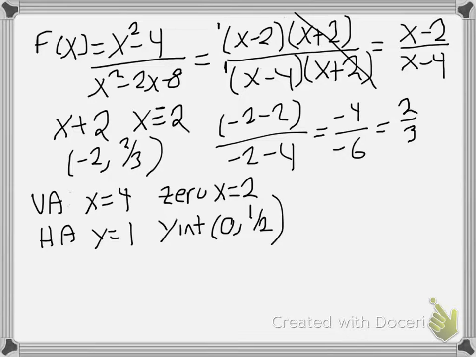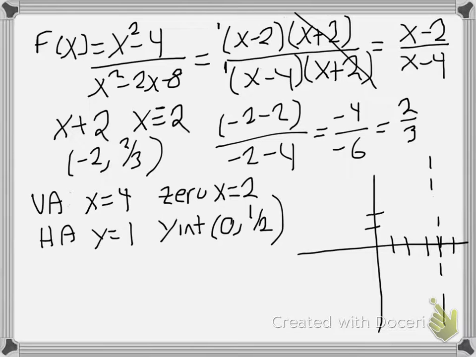So, what does this look like on our graph? Well, here's our vertical asymptote at 4. Here's our horizontal asymptote at 1.